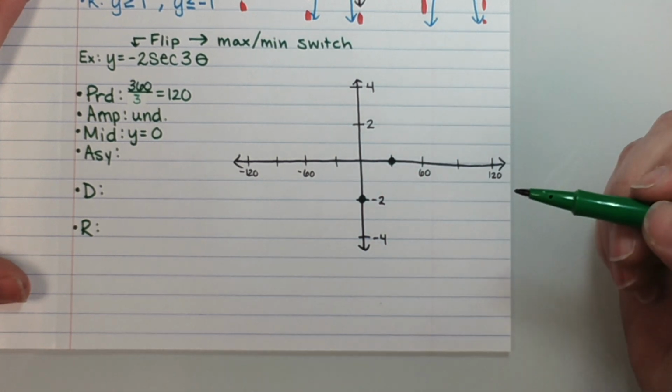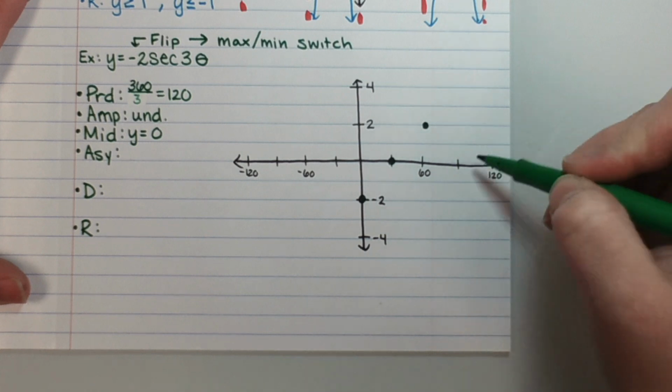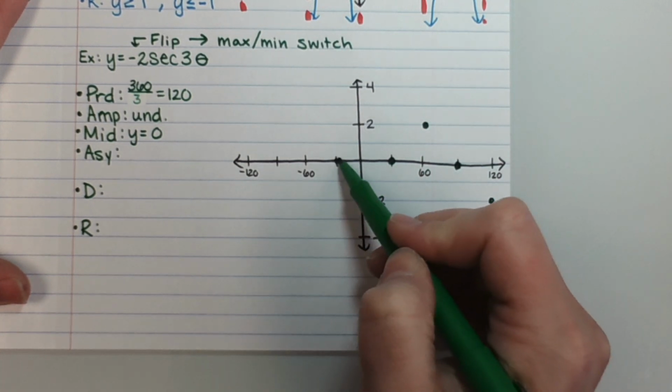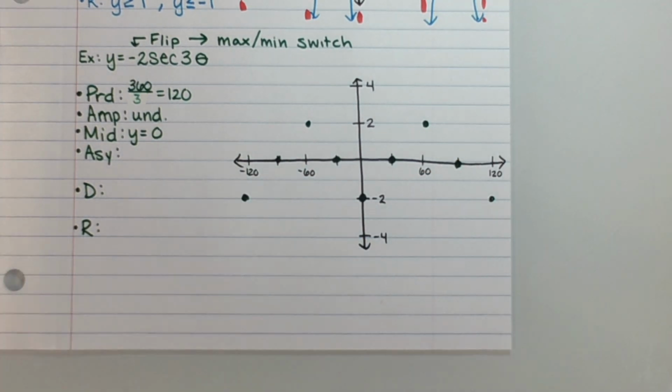After hitting the midline, you go to the maximum, which is at 2. Midline, minimum. Follow the pattern across your graph. Do not connect them to make the cosine function. We are not graphing cosine. We are graphing secant.